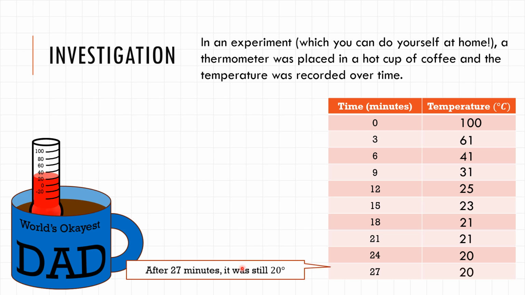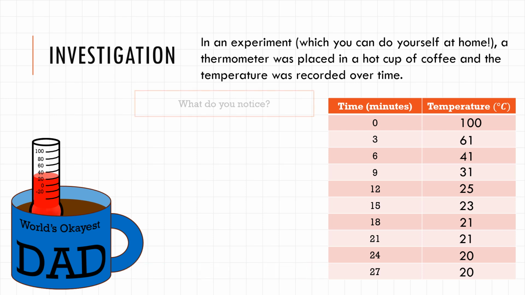And finally, at the end of the experiment, after 27 minutes, the temperature in this cup of coffee was still 20 degrees. What do you notice about this table of values?